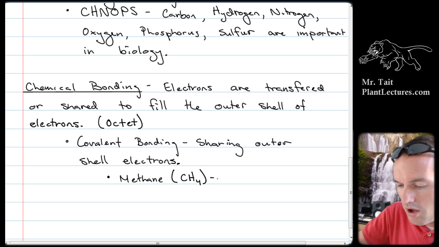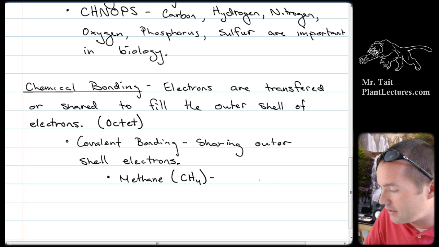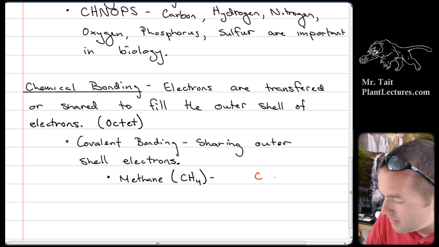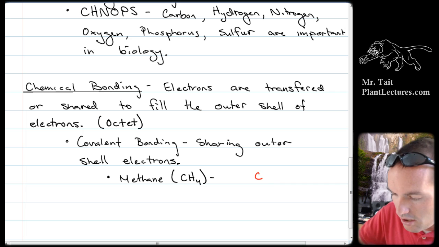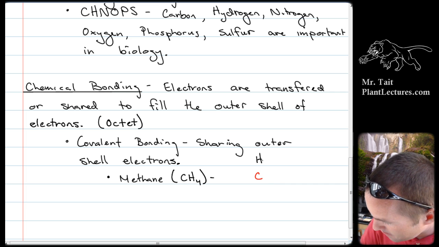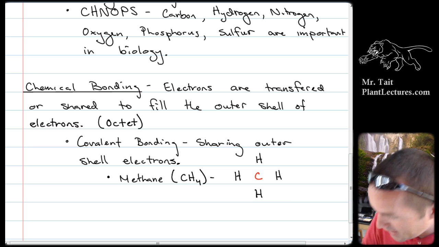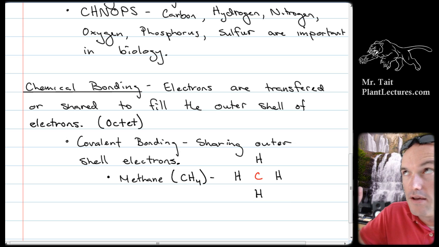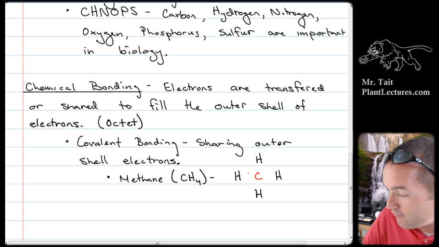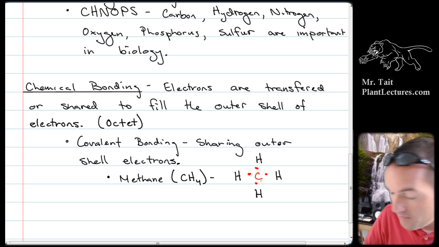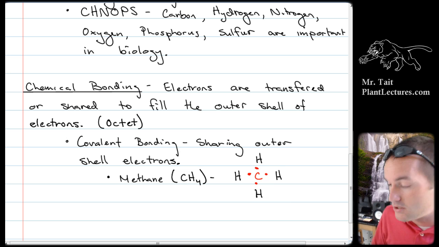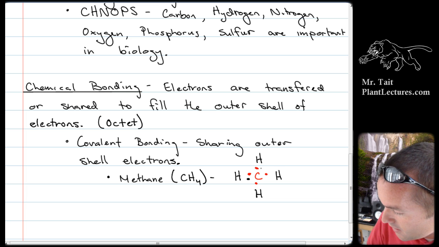So if I was going to draw methane being covalently bonded, I would say, okay, you've got carbon in the middle, then you've got hydrogen all around it. As we said before, carbon has 4 valence electrons, so we draw the 4 valence electrons in, 1, 2, 3, and 4. And hydrogen has 1 valence electron, so 1 for that one, for that one, for that one, and one for that one.